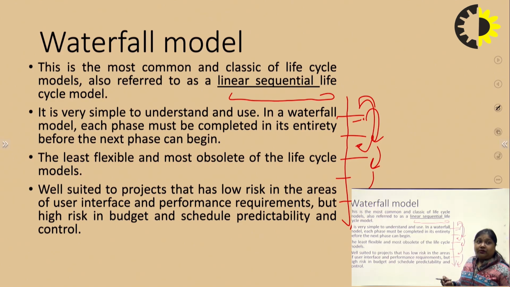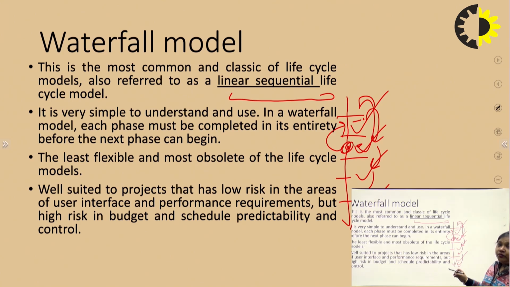It is very simple to understand: each phase must be completed in its entirety. First we have to complete this, then this, then this. It is the least flexible and most obsolete of the life cycle models, compared to other models.